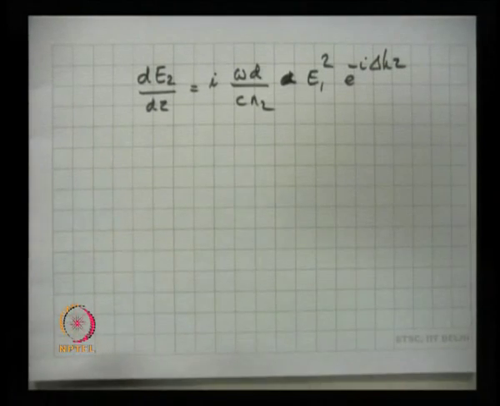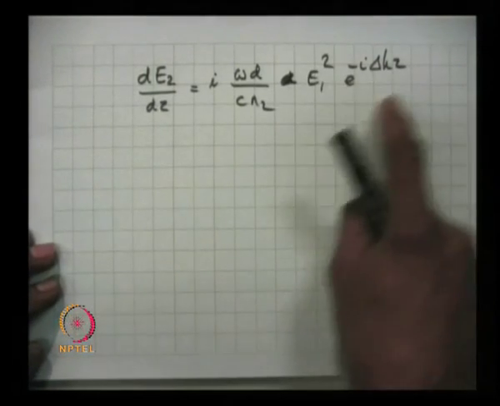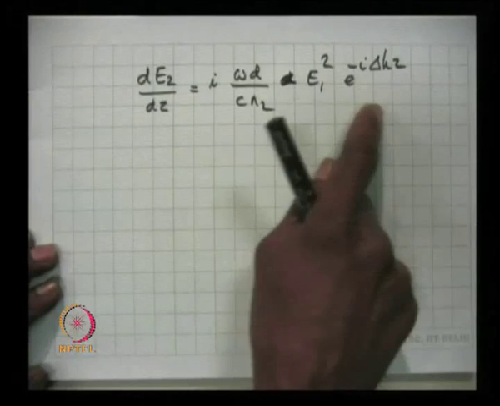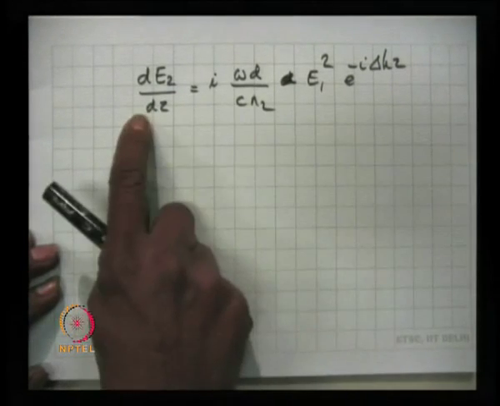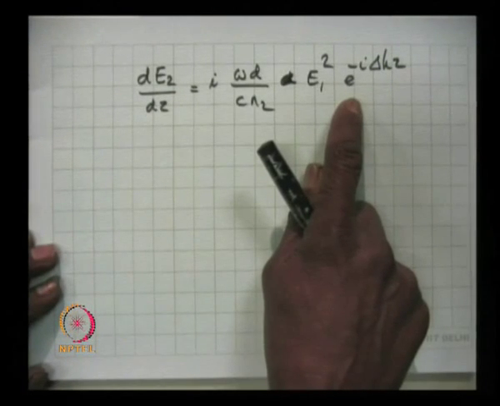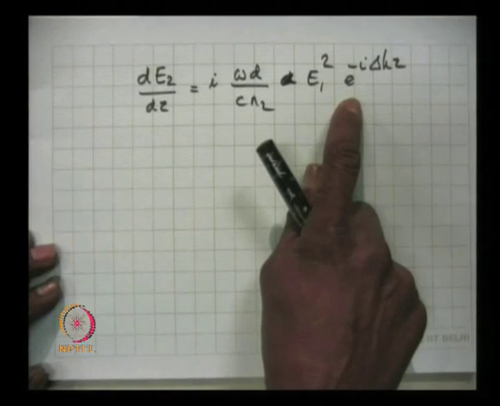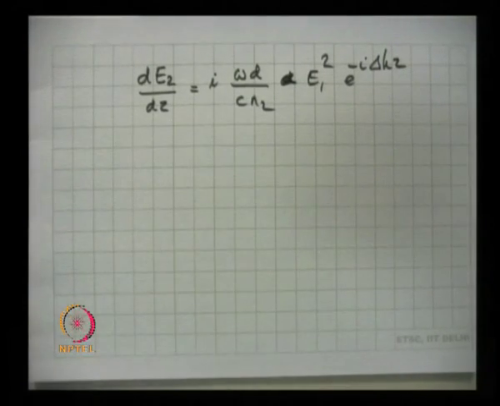So, if I make this disappear from this equation, if the equation did not have this term, then I will not have the sinc function and I will have increased efficiency. That means, the second harmonic will continuously grow as the wave propagates.